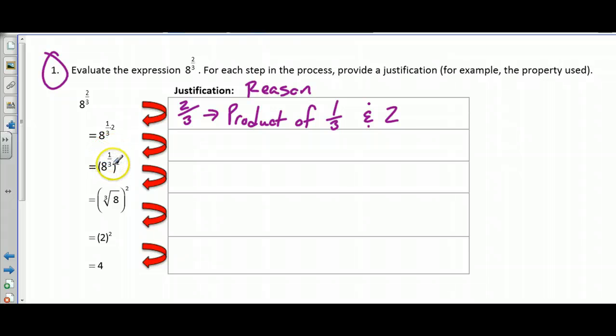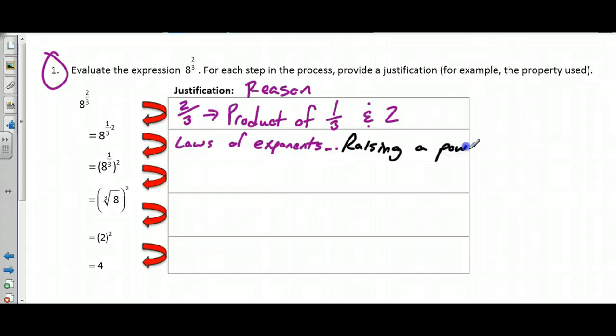Now we can do 8 to the 1/3 to the second power, and the reason that we can rewrite that is the laws of exponents, specifically the laws of exponents that talk about raising a power to another power. So 1/3 times 2 is really 1/3 squared.